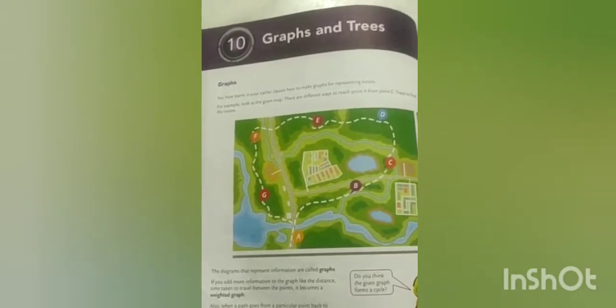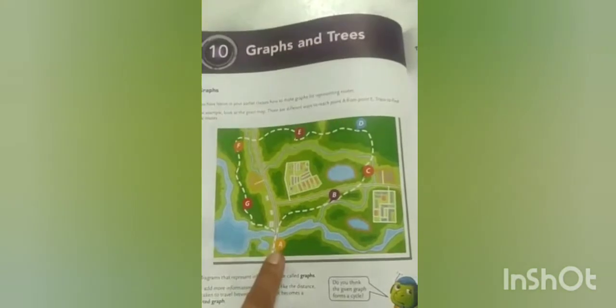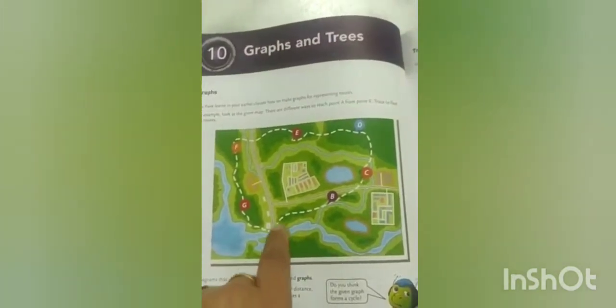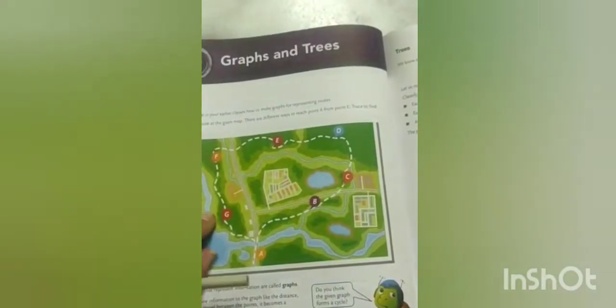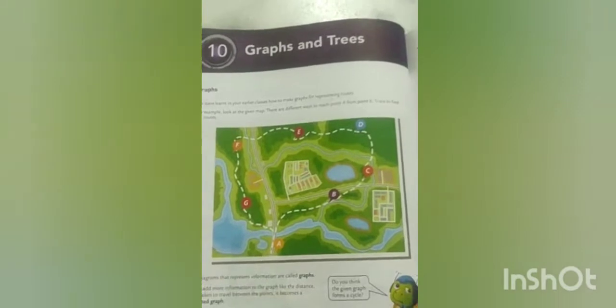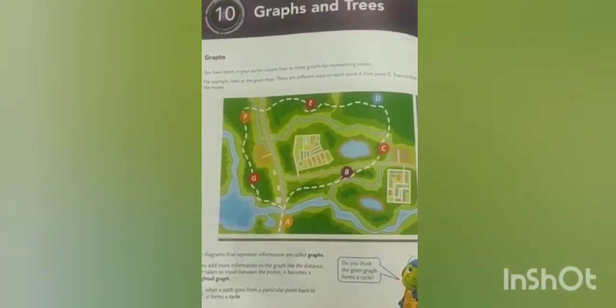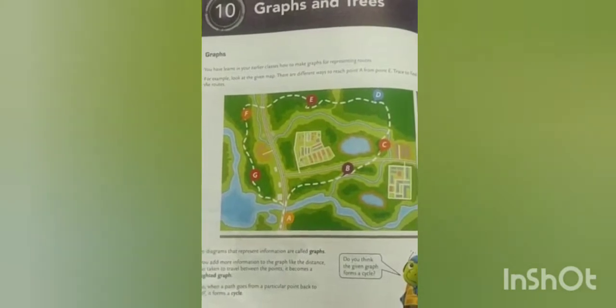So now here you can see in the diagram, if you closely observe point A, if you travel from point A to B to C to D to E to F to G, you are coming back again to point A. That means it is forming a cycle. So this particular graph is having a cycle.